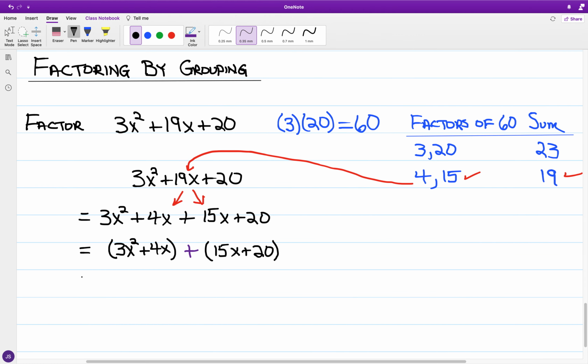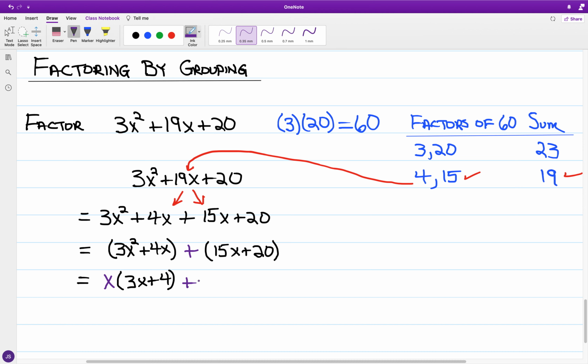Taking what we have now, you've got 3x squared plus 4x, and I'm going to draw out the greatest common factor of these 2 terms. Between 3x squared and 4x, the highest term is going to be x. And x will go into 3x squared plus 4x, and this will be 3x plus 4 times x.